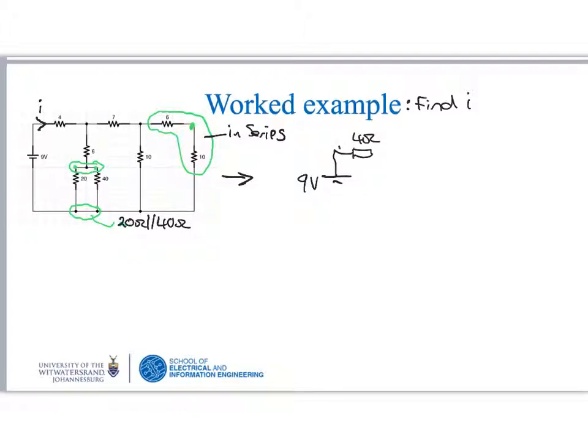So we still have the current I flowing there, and in this case we've got the 6 ohm resistor, and then 20 ohms in parallel with 40 ohms gives us 13.33 ohms. So this is a 13.33 ohm resistor.